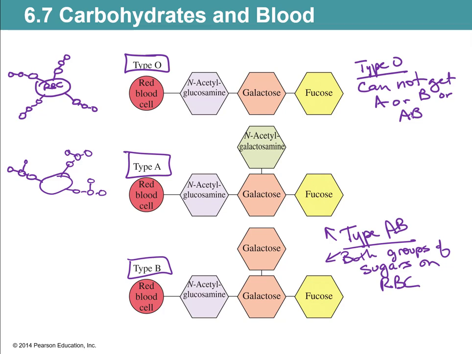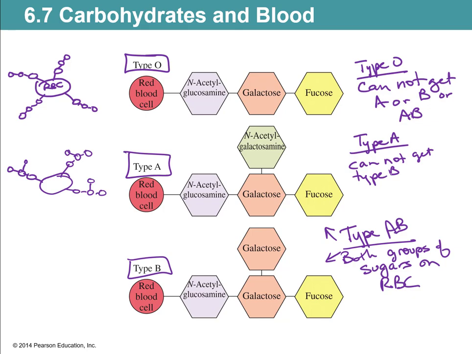But what about type A? Can they get type B? No. They cannot get type B because it's not the same, so it would look different. What about AB?